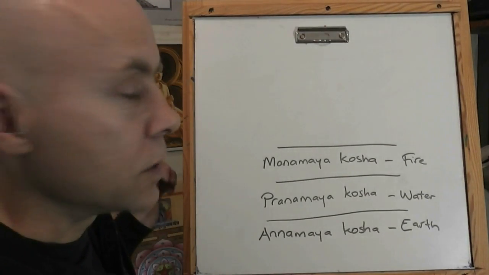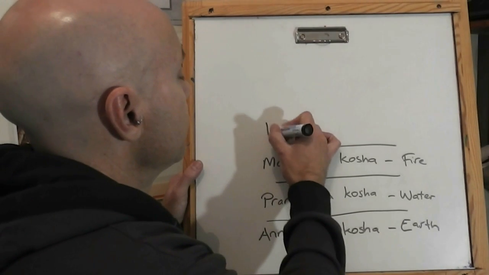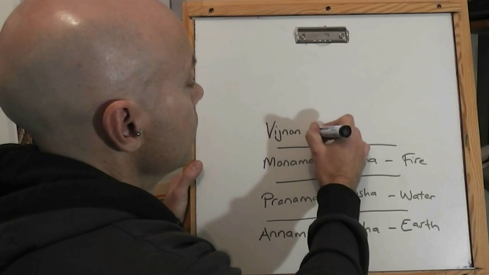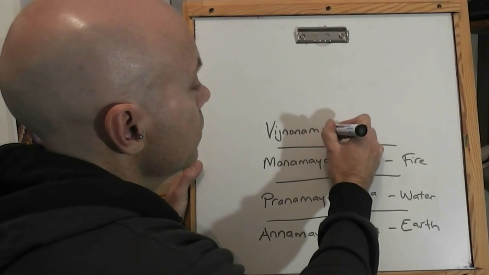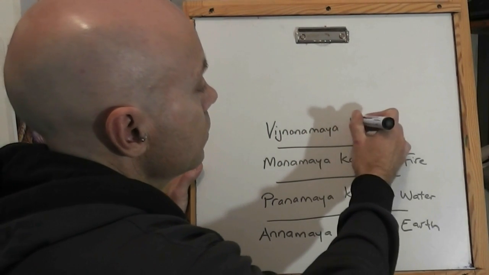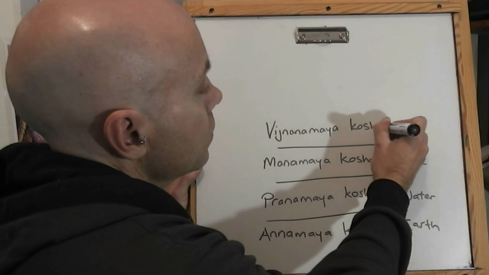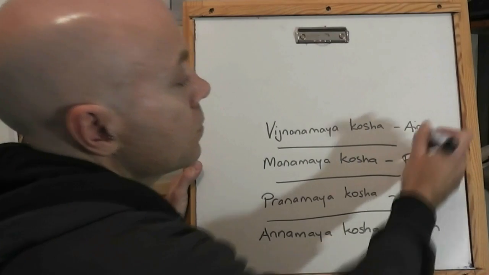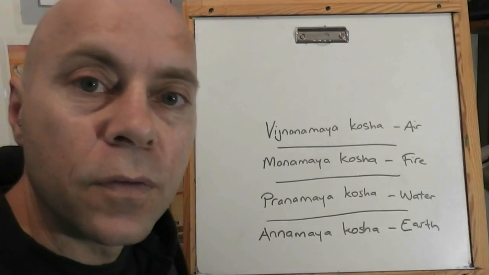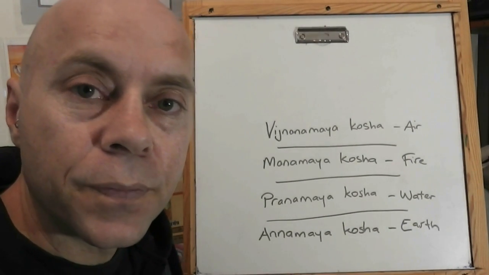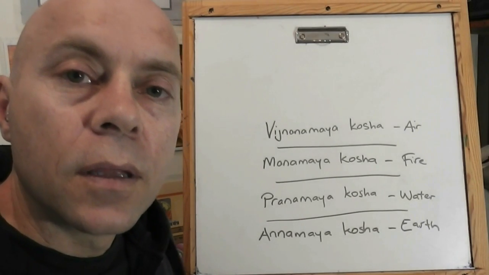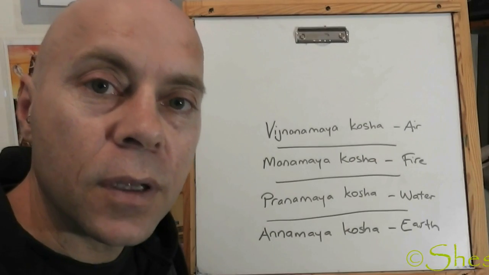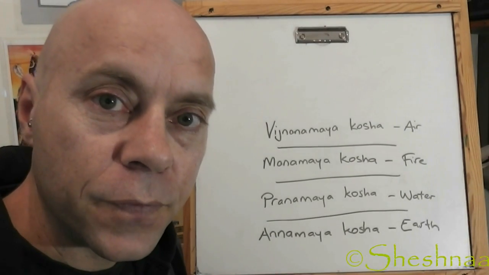The next dimension is known as the Vijnanamaya Kosha. That's the intuitive mind, the mind that is internalized.